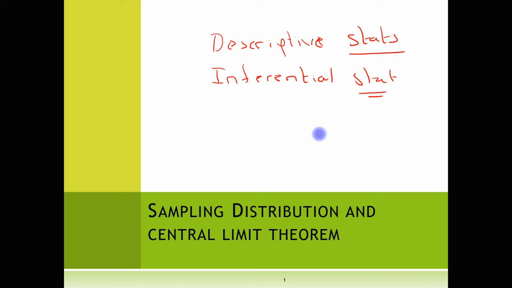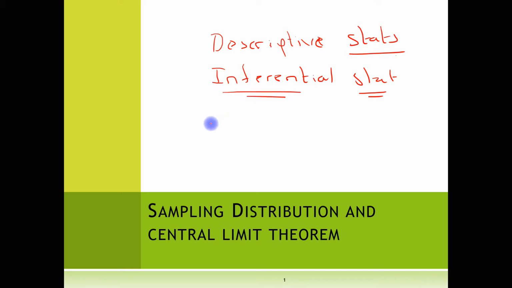Inferential means what? The word inferential is like guessing, but in statistics we don't really do guesses. We will be doing a kind of formal guess, if you want to call it that, for example, estimation. We will be estimating something.